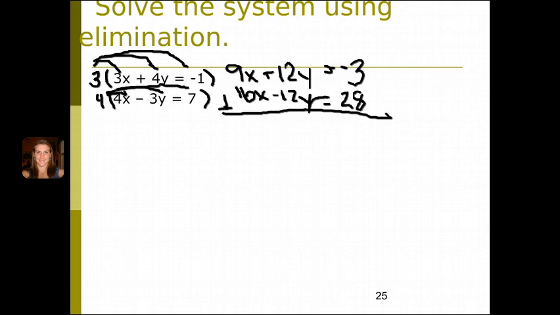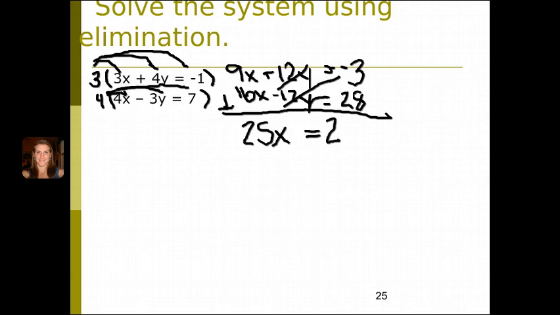So you have 9x plus 16x, which is going to give you 25x. Positive 12y plus a negative 12y give you 0, so those cancel out, eliminating the y's. Now we have negative 3 plus 28, which will give us a positive 25.